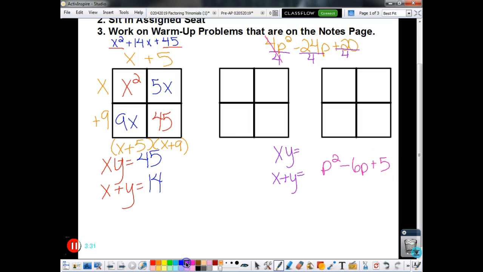So now I can figure out what I'm putting in. So this becomes p squared. This becomes 5, right? Your first and last term. So now xy has to equal 5, and x plus y has to equal negative 6. Right? Your last term and your middle term.